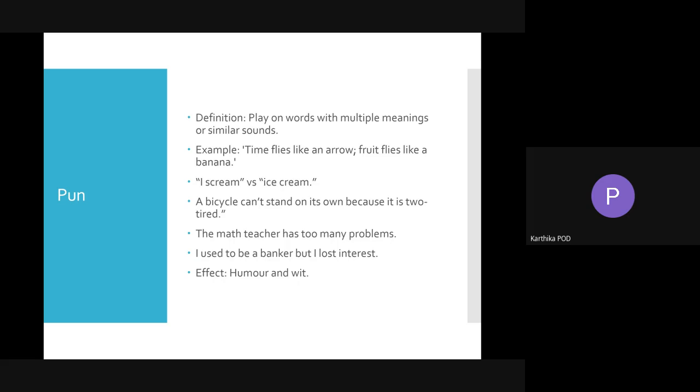Is it interest in banking or interest with regard to the principal amount that you gave? So again, you use these to create humor and wit, or it could be for sarcasm. So this is called pun. It need not have a standard meaning, is what I'm saying.